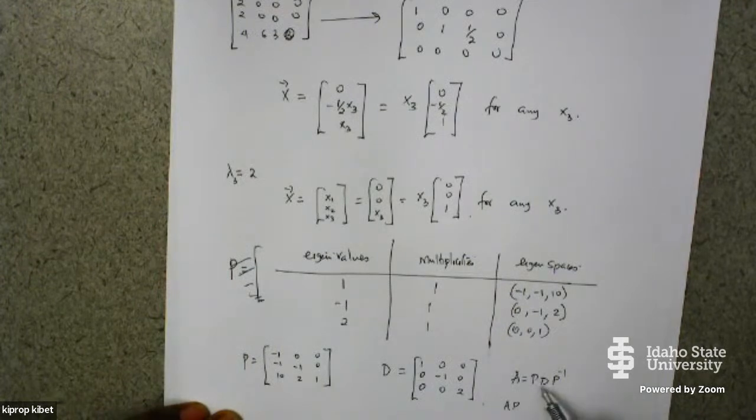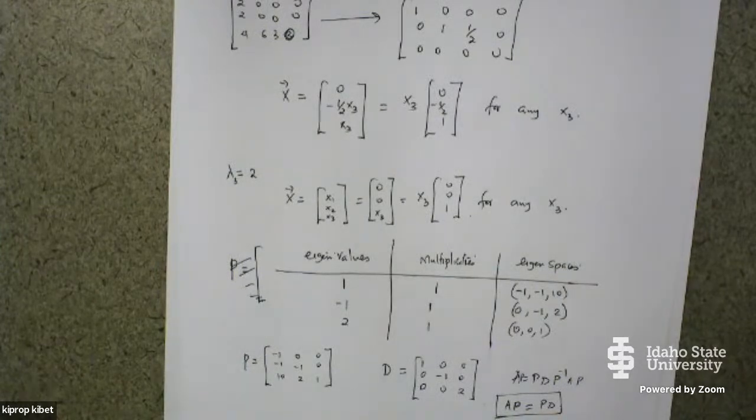So you can multiply here by P, and then you can also multiply here by P. So AP equals to PD. So you can actually multiply A and P, and then P and D to see whether they are equal.